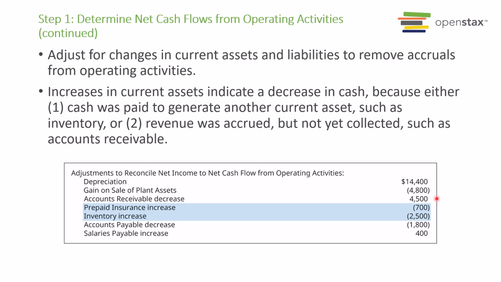So, for example, if our amount of prepaid insurance increased by $700 on our balance sheet, that means we paid $700 more in prepaid insurance in 2018 compared to 2017.